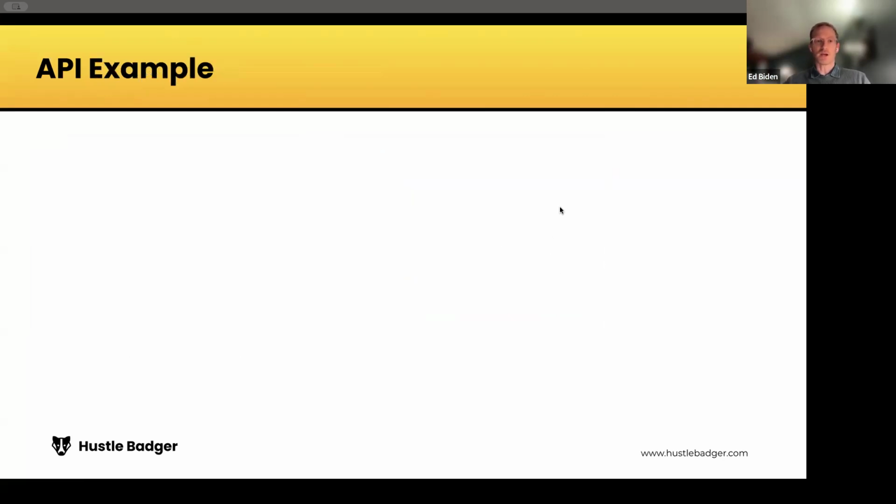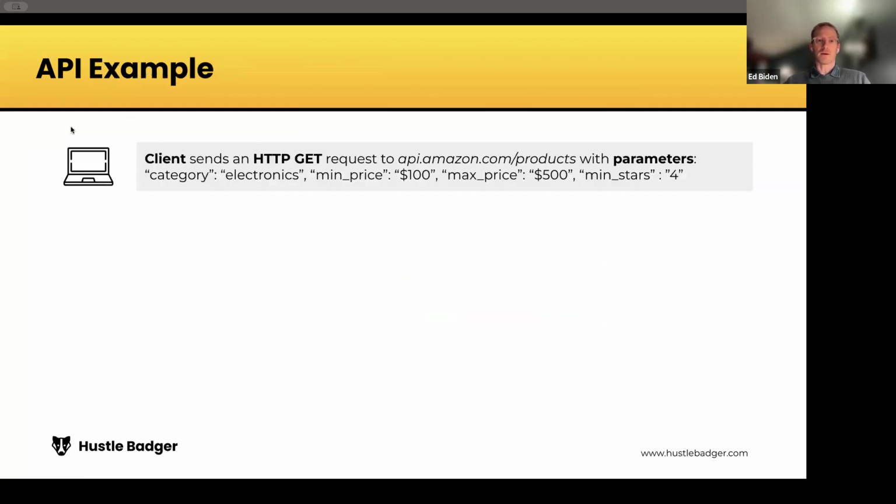So here's an API example, just to make clear how everything links together. On the client, you as a user are searching for products on Amazon, and you want to look for electronics that are between $100 and $500 and have a minimum of 4 stars.